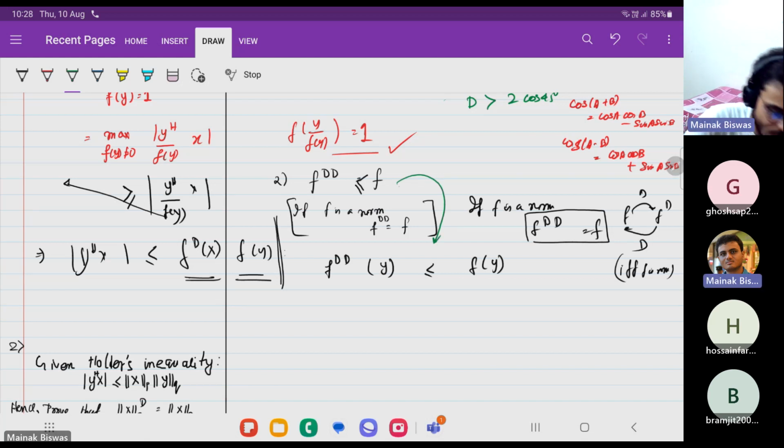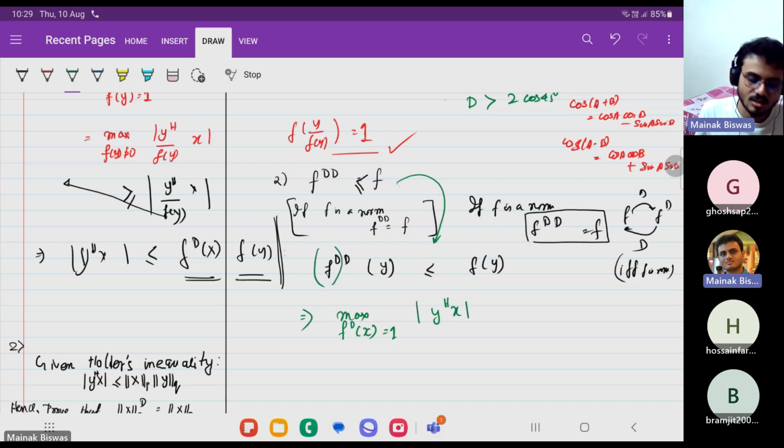If you understood the first step, what will I write? Dual of the dual, how can I write it? So f dual dual of y, can I write it as max over f dual of x equal to 1 of y Hermitian x? Yes or no? Because I'm taking the dual of this norm.